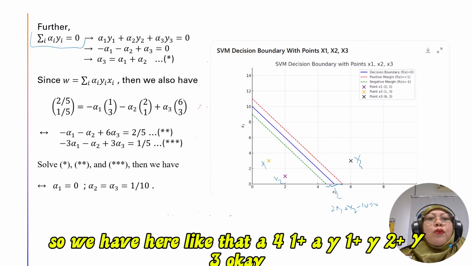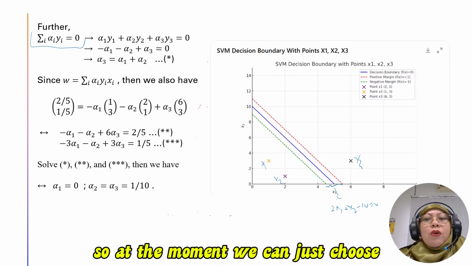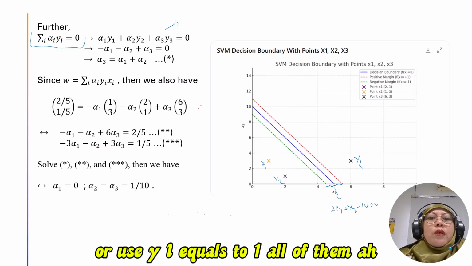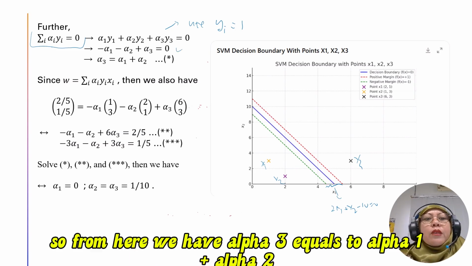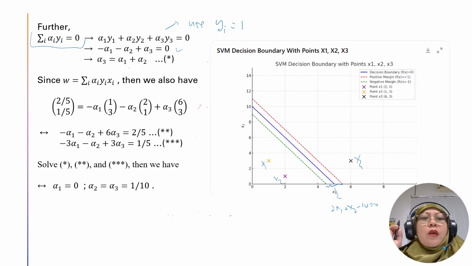So we have alpha 1 plus y1 plus y2 plus y3. At the moment we can just use y i equals to 1, all of them. So from here we have alpha 3 equals to alpha 1 plus alpha 2.